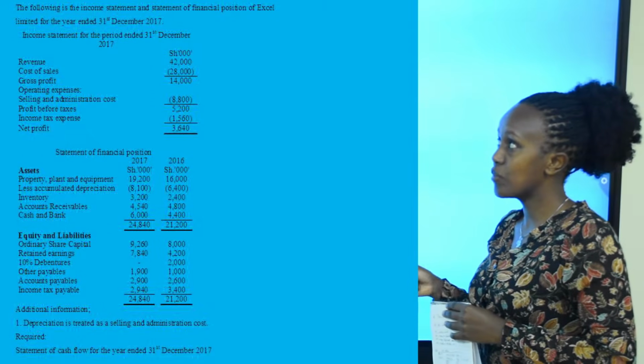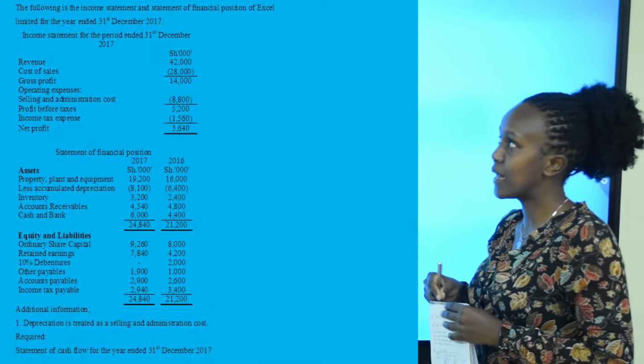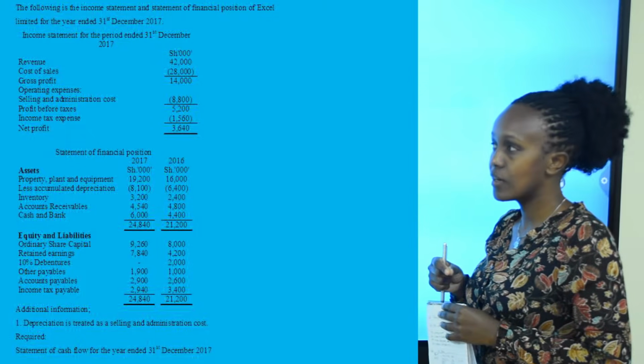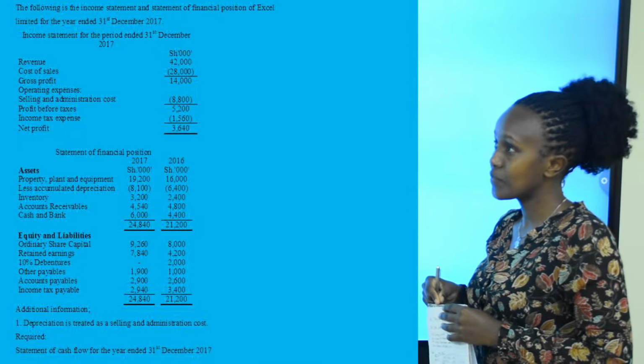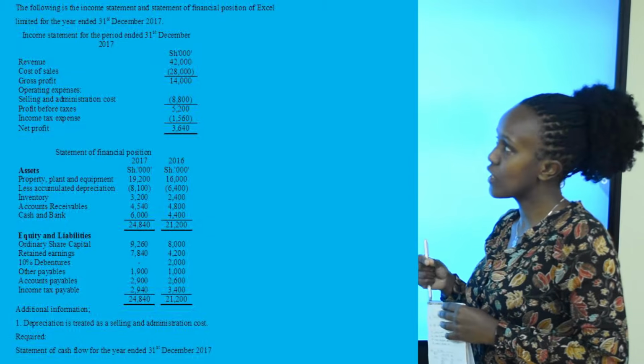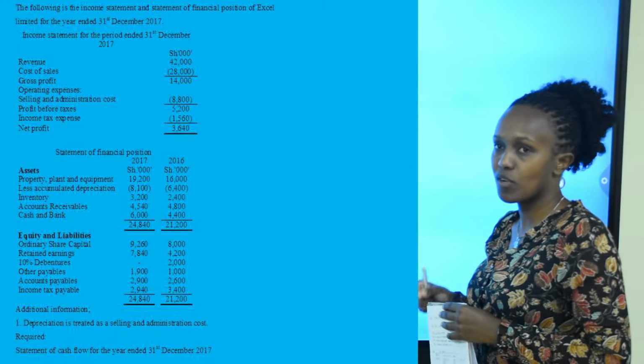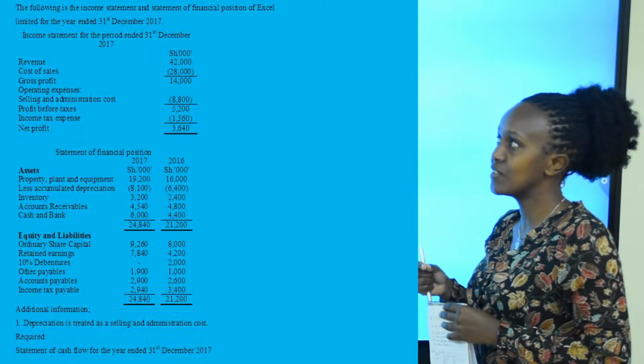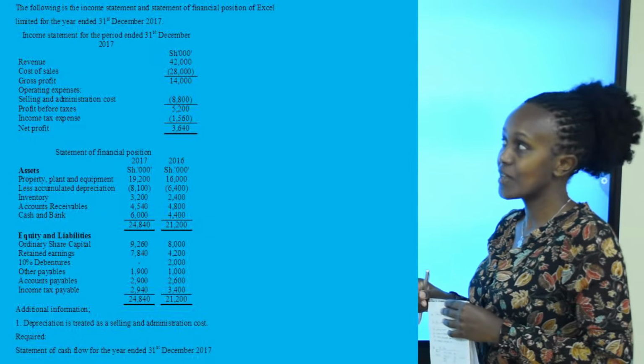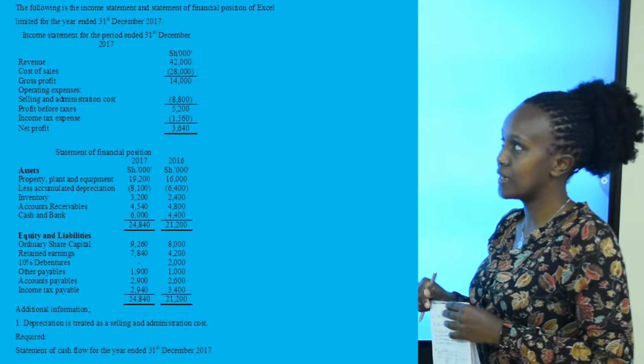The first and important point to note is that property, plant, and equipment are long-term assets. Therefore, the purchase of the long-term assets or the disposal of long-term assets falls under investing activities. That is discussed in video 1.